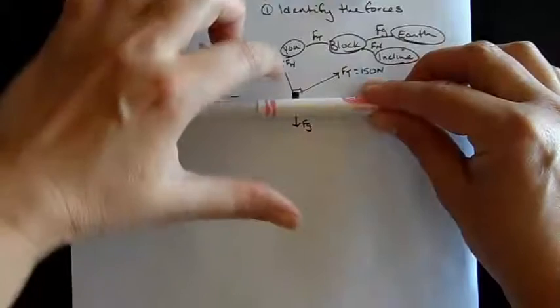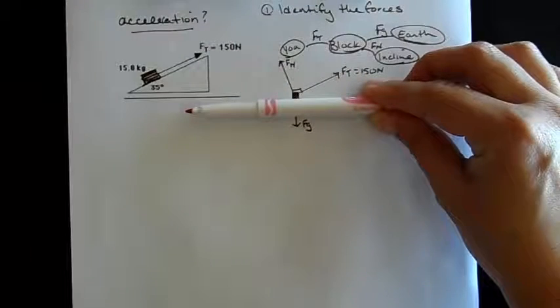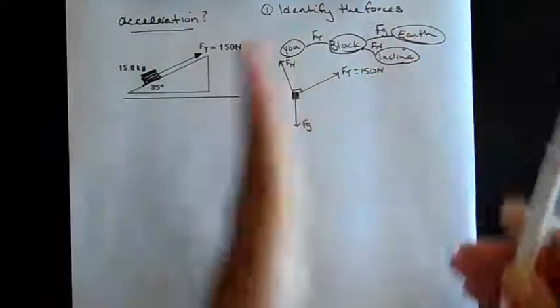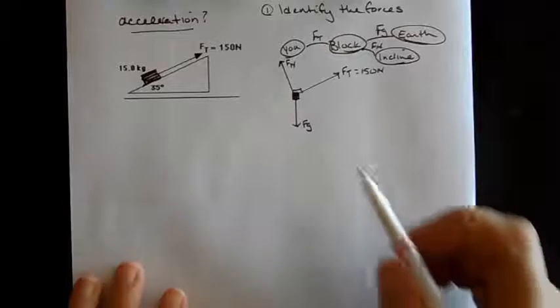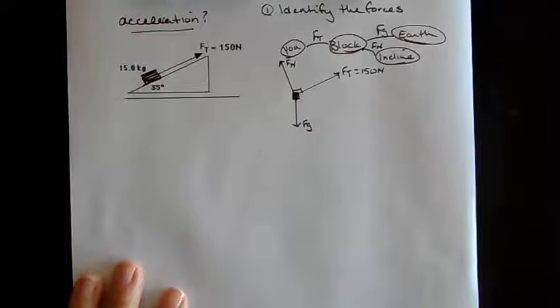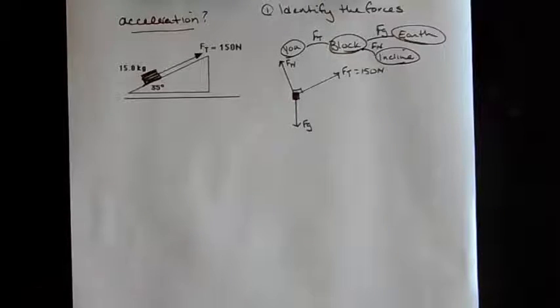That will also mean we have a horizontal component for both of those forces as well. So the only force that would really line up with a straight up and down coordinate system is our force of gravity. So the thing is, we can define our coordinate system in any way. And a lot of times it's going to be helpful to define it in a direction with our acceleration.